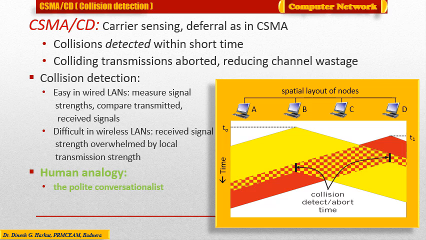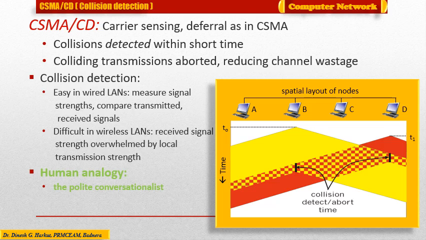As shown in this space-time diagram, this is a typical time wherein node B and node D are in a position to detect the collision. The two nodes each abort their transmission shortly after detecting a collision.